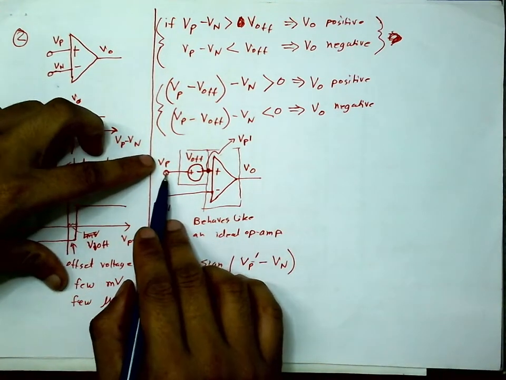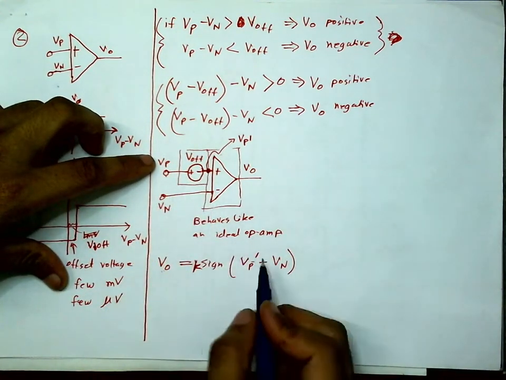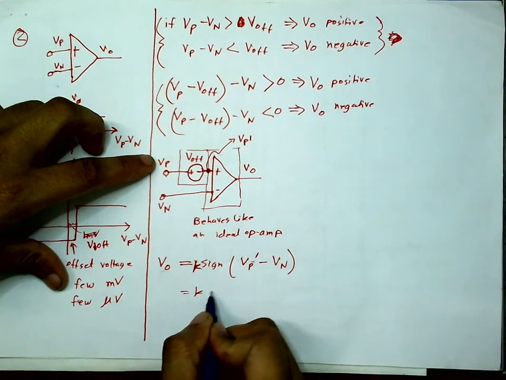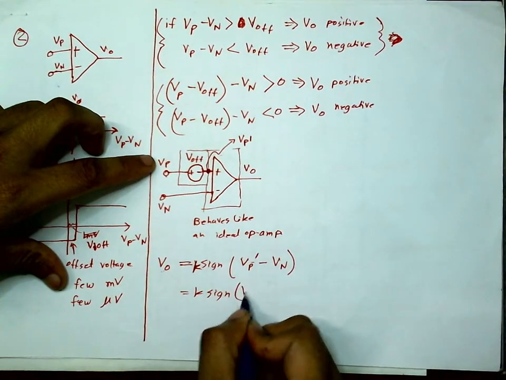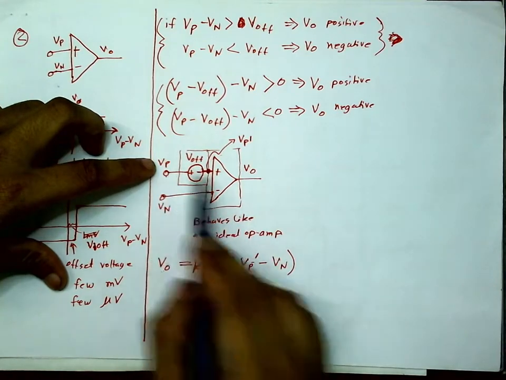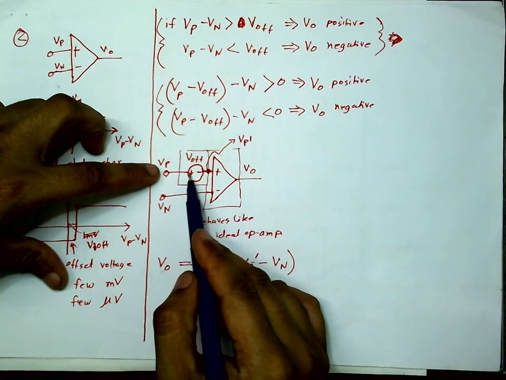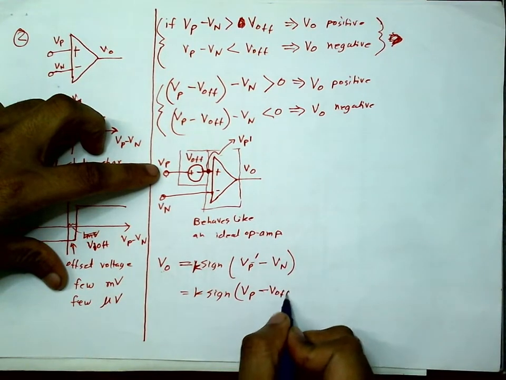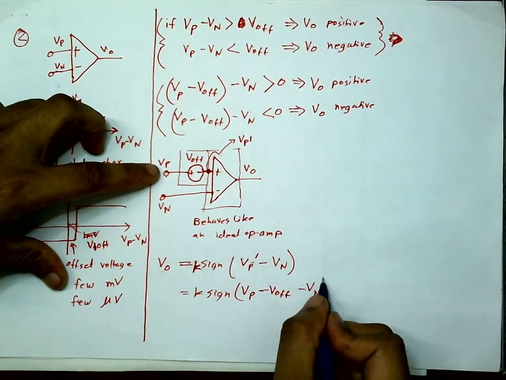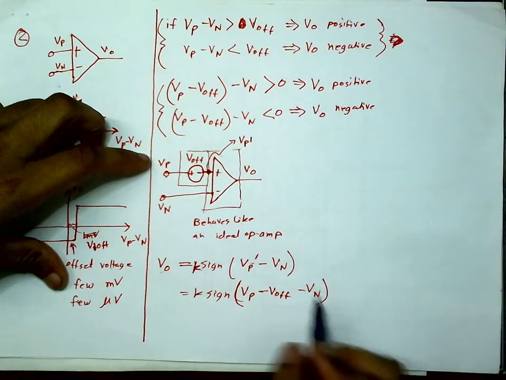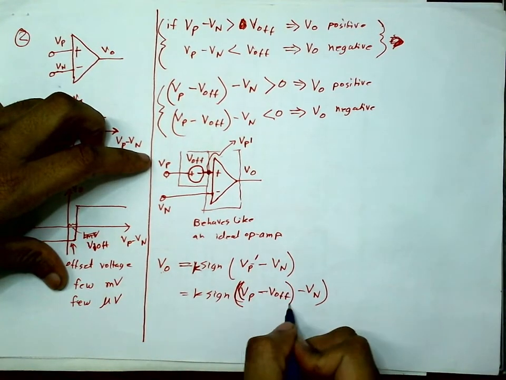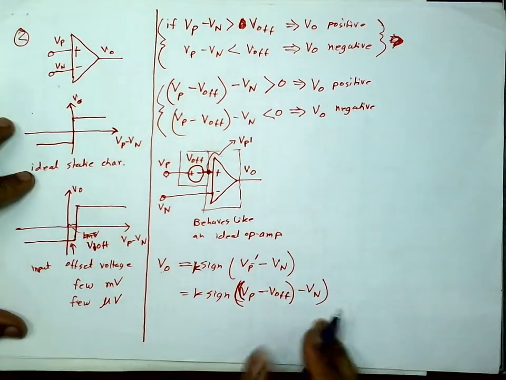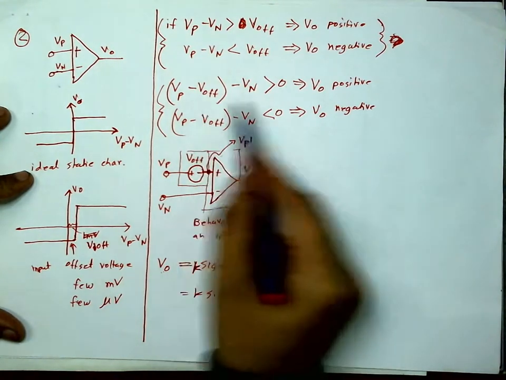Now the true Vp is here, this is Vp prime, so here I can just write Vp, and then minus V off, minus Vn. I can take this into a bracket without a problem. So you see this is the same as this.